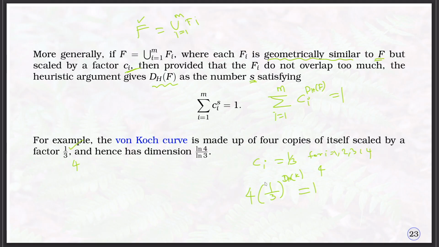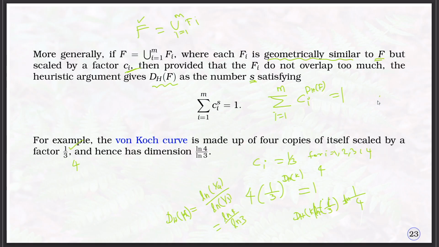If you solve this, taking the ln, dimH of K can be written as ln(1/4) by ln(1/3), which is equal to ln 4 by ln 3.